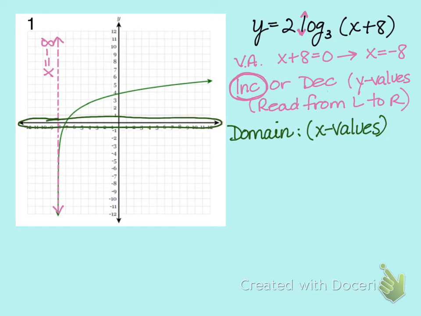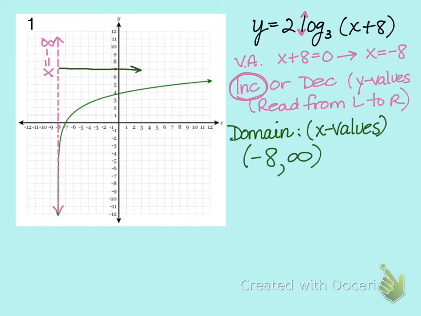What you're going to do is go from negative 8 all the way to positive infinity, because what you're telling me is that I am only using the x values that are to the right of negative 8. And I cannot use anything other than a parenthesis on negative 8 because I don't want to include that number. Let's talk about the range values.